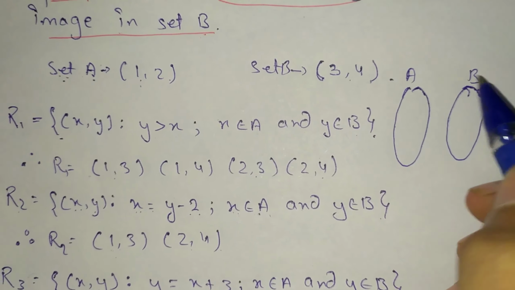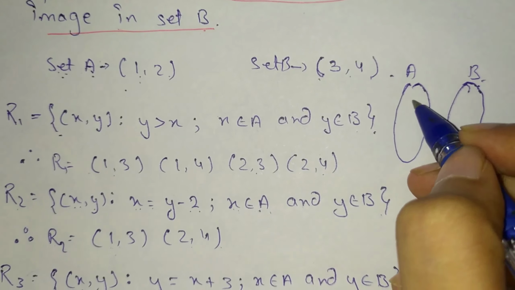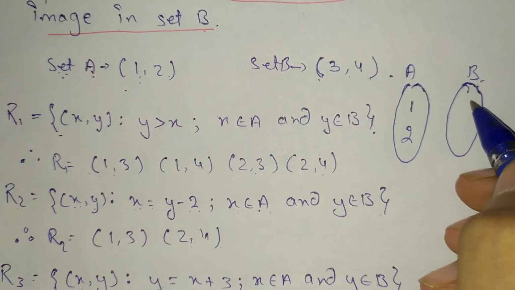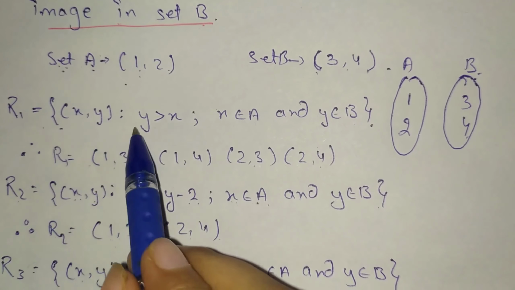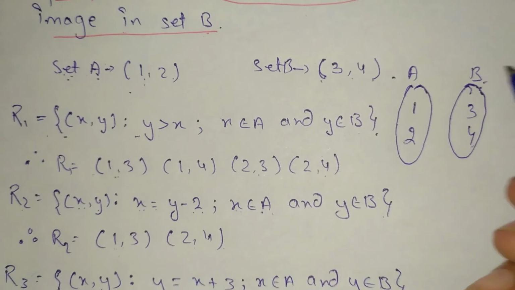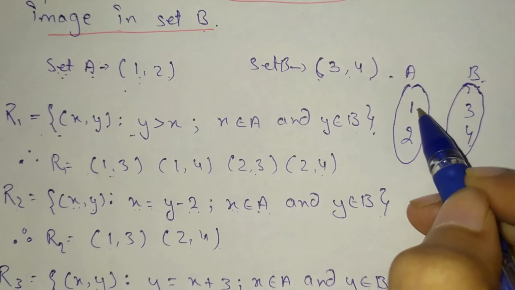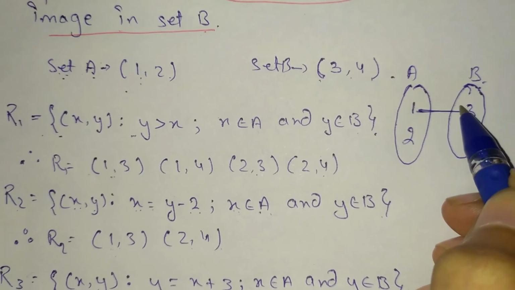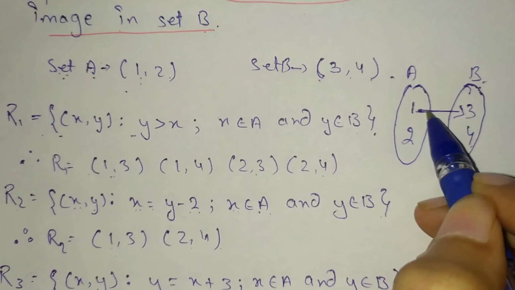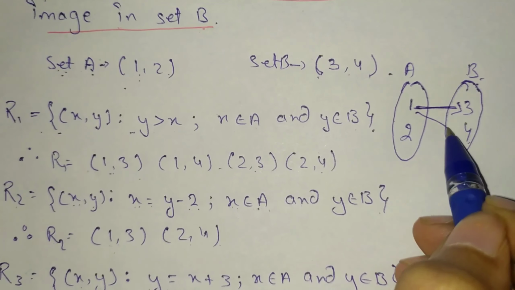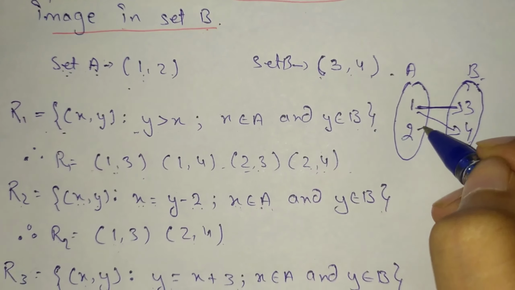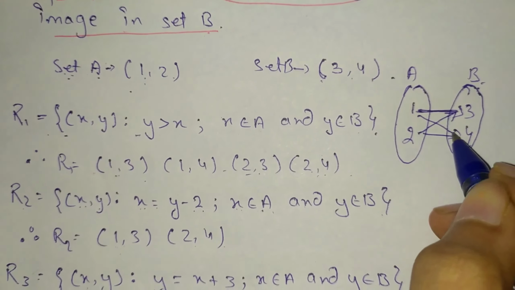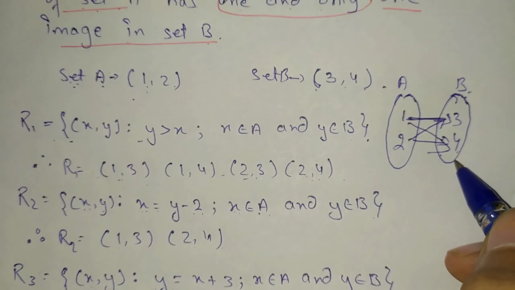Now let's understand function with the help of the following relations, for which I am making an arrow diagram. We have two sets A and B, where set A has the elements 1, 2 and set B has the elements 3, 4. According to this relation, 1 has two images, that is (1,3) and (1,4). Similarly, 2 also has two images, that is (2,3) and (2,4).